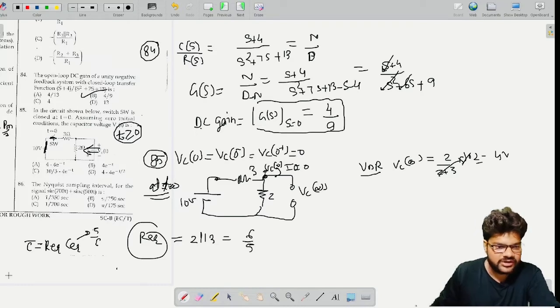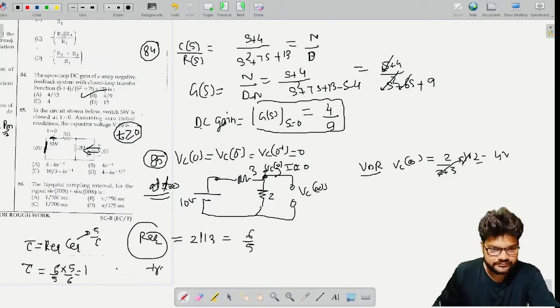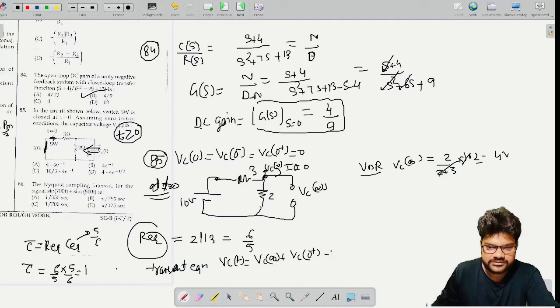If we put R equivalent and C equivalent in tau, R equivalent is 6 by 5 and C equivalent is 5 by 6, so tau is 1. Now apply the transient equation. V_C(t) equals V_C(infinity) plus [V_C(0+) minus V_C(infinity)] e to the power minus t by tau.